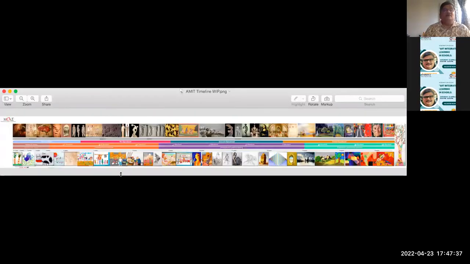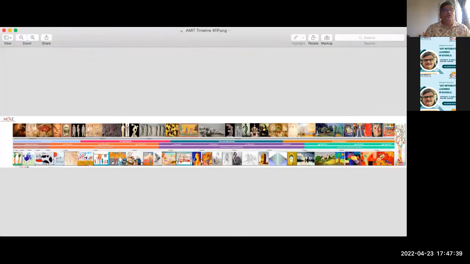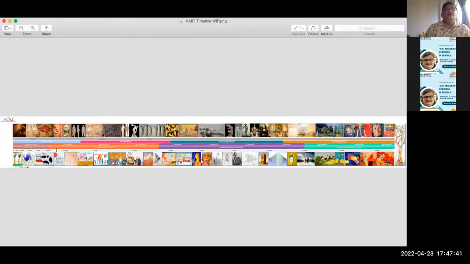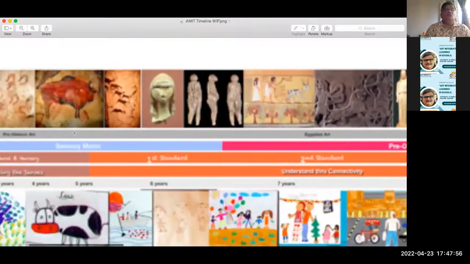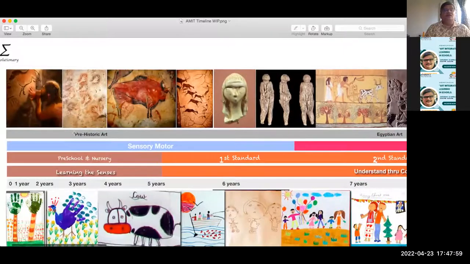And the result of it is this. What you are seeing is what I call the evolutionary learning timeline. And I will zoom in so that you can see. I hope the images are clear now.